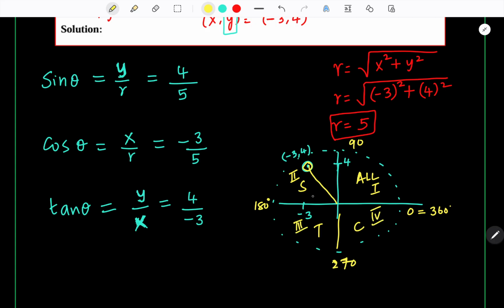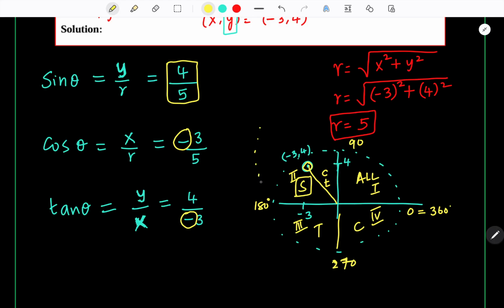So in quadrant number 2, which is positive? Sine is positive. Look at your answer: sine is positive. Wow, fantastic. See the connection between coordinates and angle measurement. I said sine is positive, cosine is negative, tan is negative. Look here: cosine is negative and tan is negative.